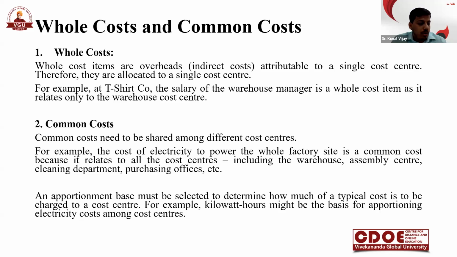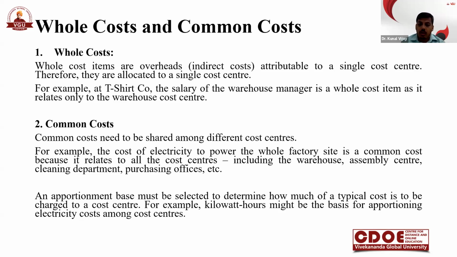After that, common cost. Common costs need to be shared among different cost centers. For example, electricity or power of the whole factory site is a common cost, because it is for all the products. It includes the warehouse, assembly center, cleaning department, purchasing office, etc. An apportionment base must be selected to determine how much of a common cost is to be charged to a cost center.